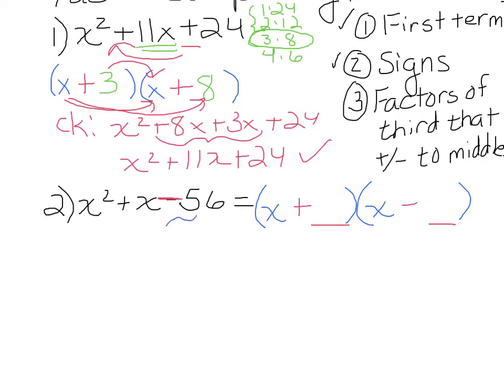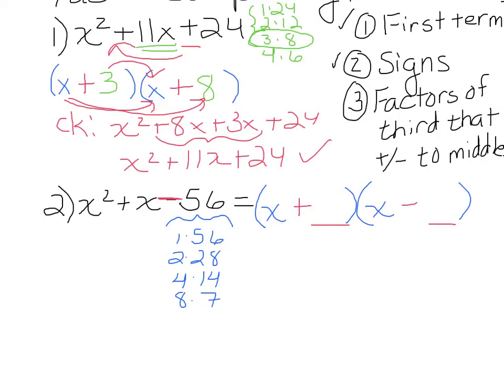Now let's look at factor pairs of 56. 1 times 56, 2 times 28, 4 times 14, and 8 times 7. Okay, so there's all our factor pairs. Now, because our signs are different, this time we want to find a factor pair that has a difference of 1. So this one's going to be a difference.